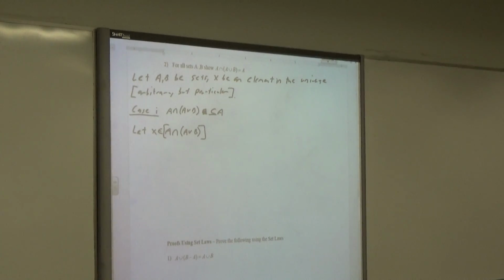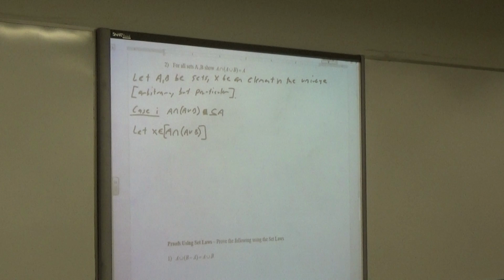That's easy enough. That's how we always start these types of proofs. We just say, let X be an element of the left-hand side. What do you guys think might be a good next step?